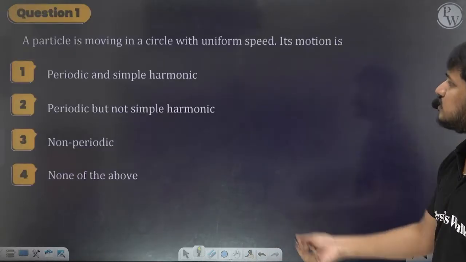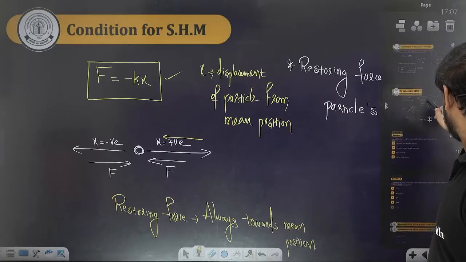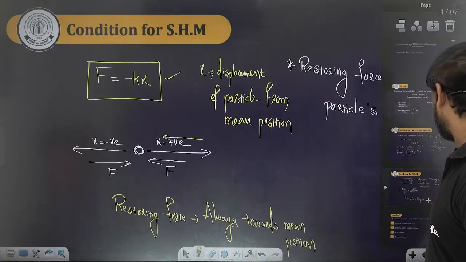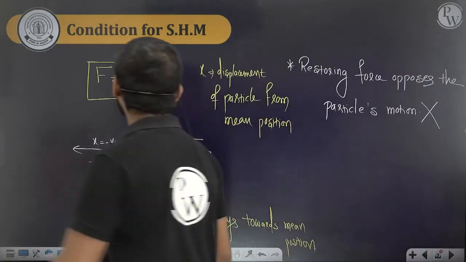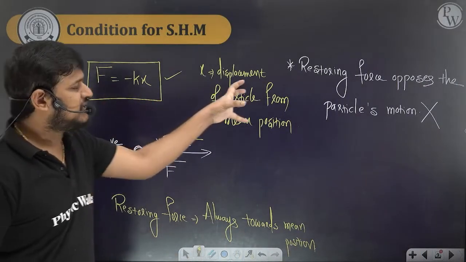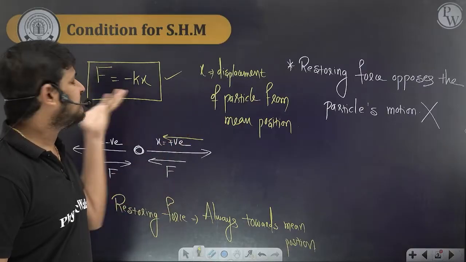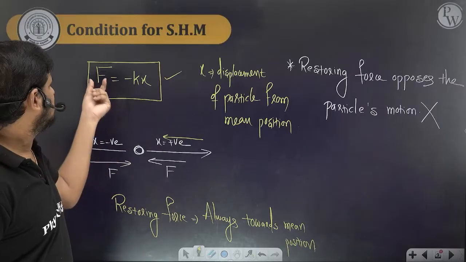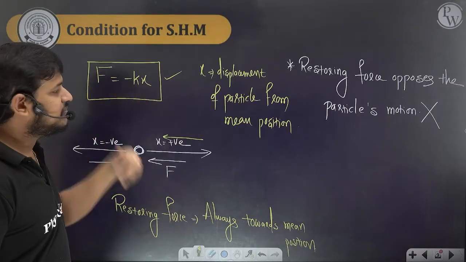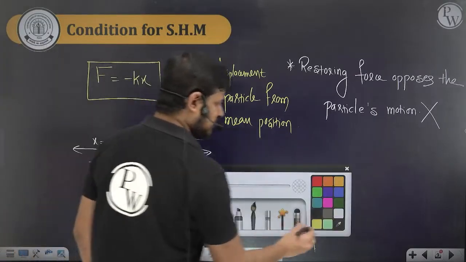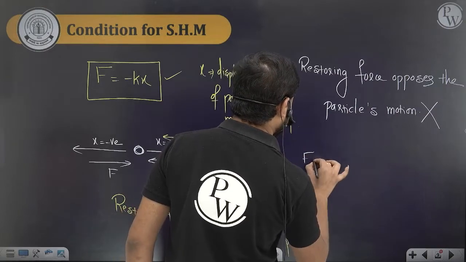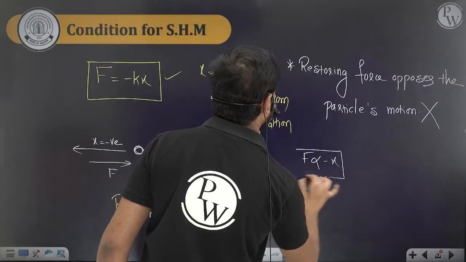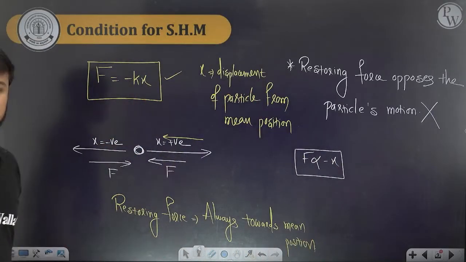So now I can write one more statement here. If greater is the displacement, then greater will be the restoring force. So F is directly proportional to minus x. Yes or no? F is directly proportional to minus x.